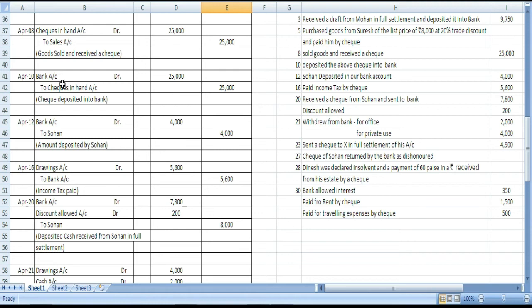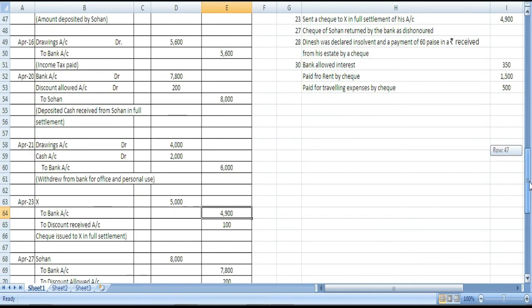So, bank is receiving how much? 4,000, and who is depositing the check? Sohan. Now, this same check has been dishonored, and it is returned back to Sohan. Dishonored means when the bank rejects your check, maybe because the signature is not matching, or maybe you don't have enough balance for the amount you have written on the check. So, these can be some reasons when your check will be dishonored by the bank.